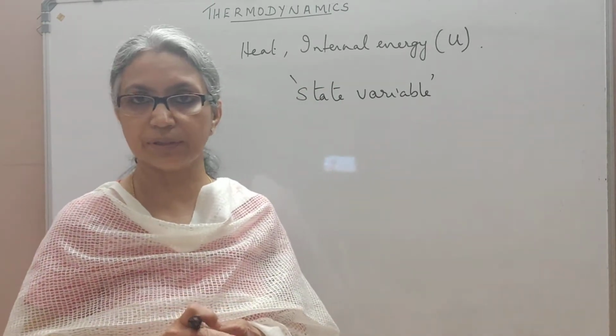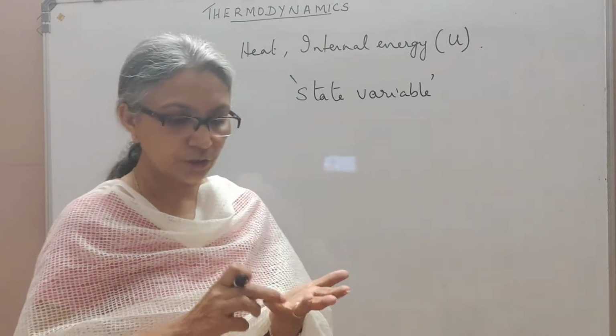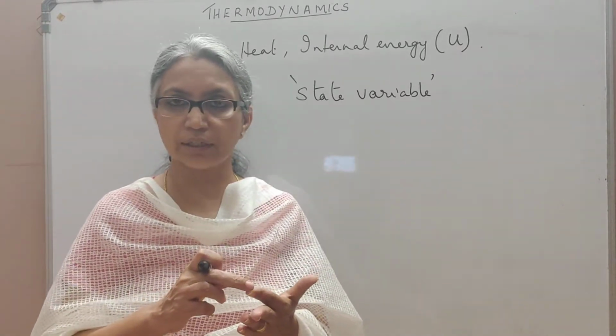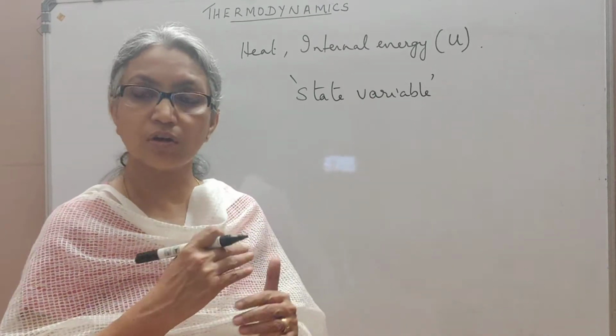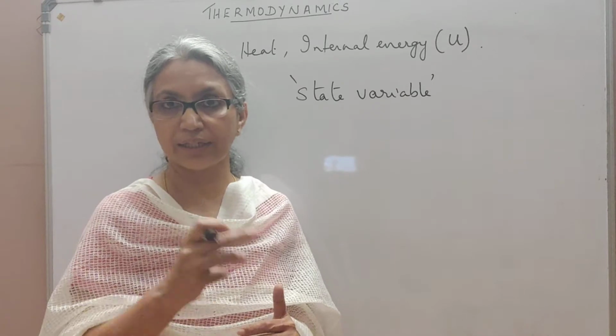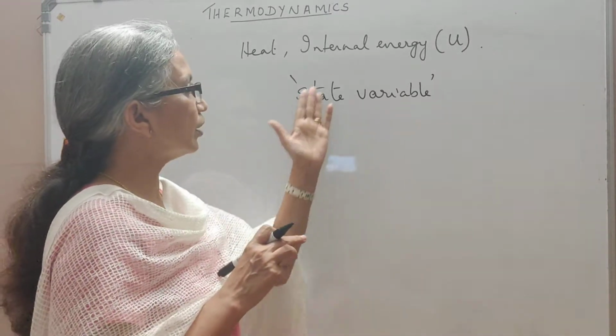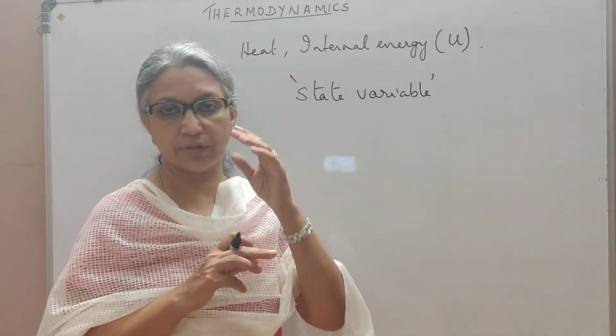It means that pressure, temperature, volume and internal energy depend only on the state of the system at that moment, not on the path taken to reach that state. That is why we call it a state variable.